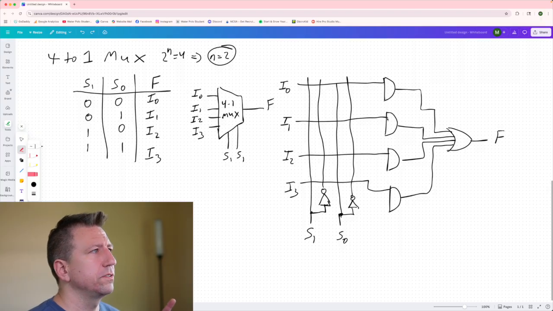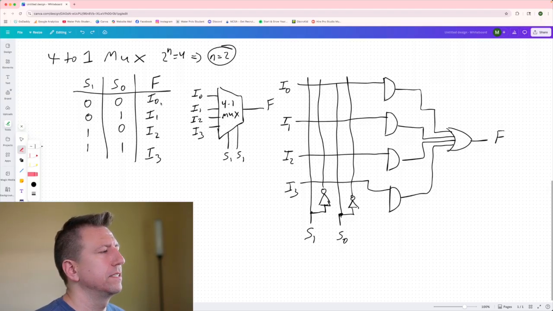So when 0, 0 comes in, we want to activate the I0 AND gate. So this is the I0 AND gate, right? So 0, 0, to activate the AND gate, we want 1s coming in. So I have to take the path here where S1 is 0 and make it a 1. And then where S0 is 0, we want to make it a 1. So we take both of the inverted paths. And then when 0, 1 comes in for S1 and S0, we want to activate I1. And so the S1 is a 0, so we have to invert it to make it a 1.